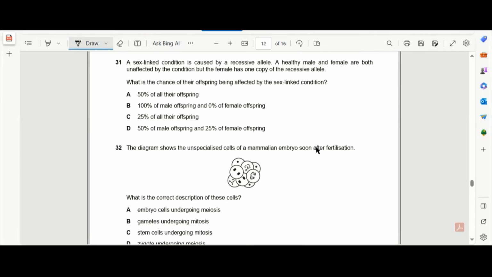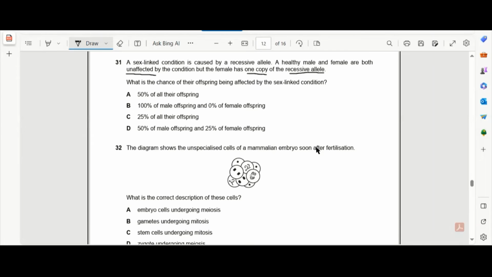31. A sex-linked condition is caused by a recessive allele. A healthy male and female are both unaffected by the condition, but the female has one copy of the recessive allele. What is the chance of their offspring being affected by the sex-linked condition?